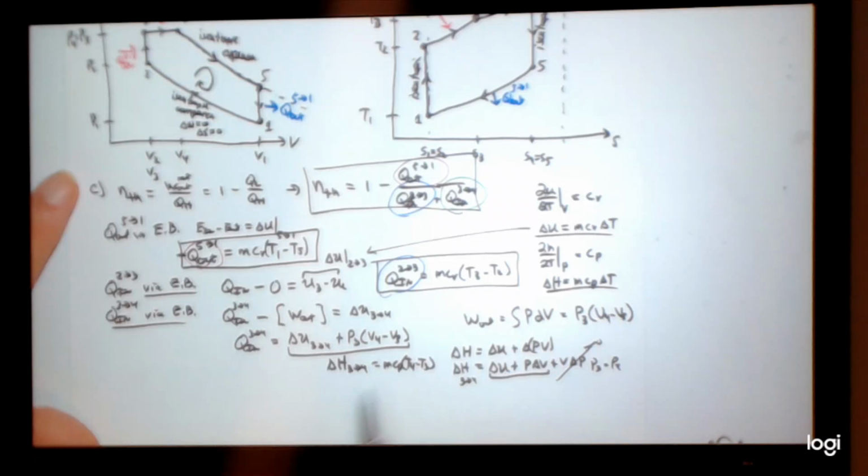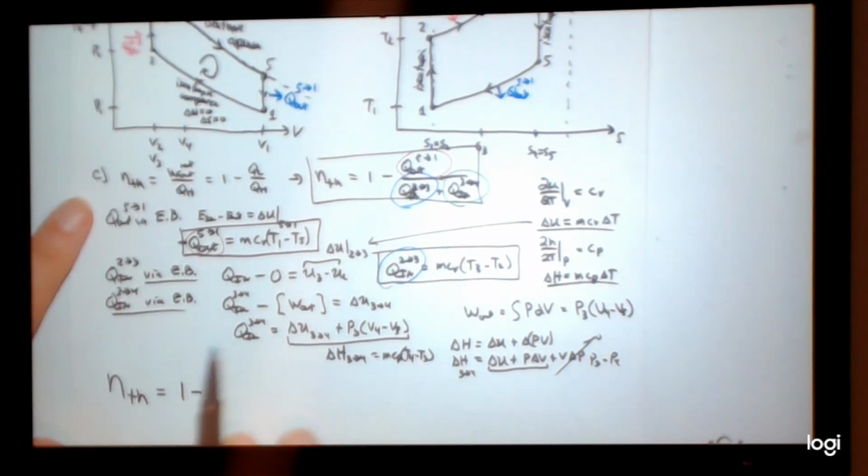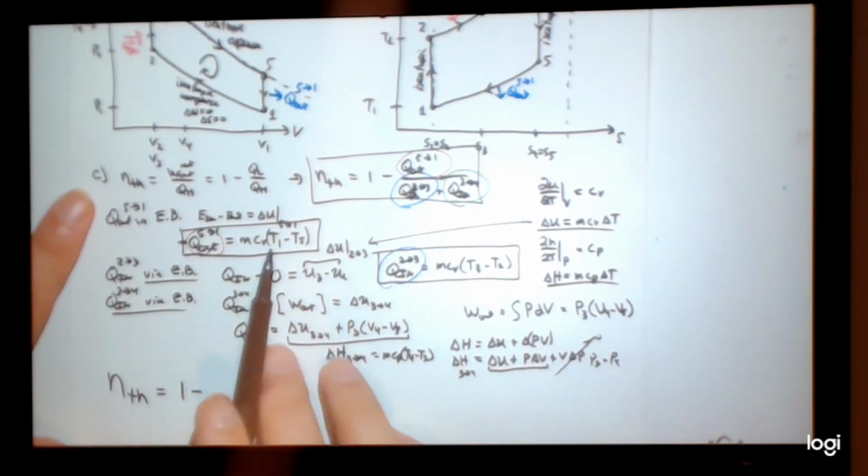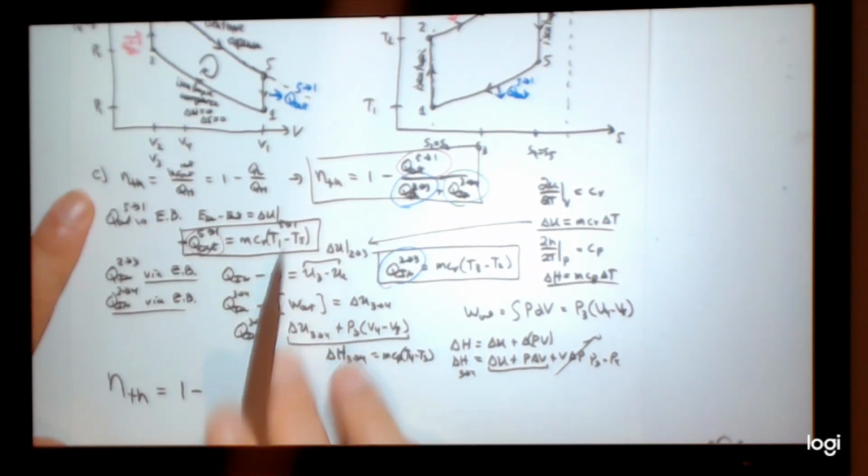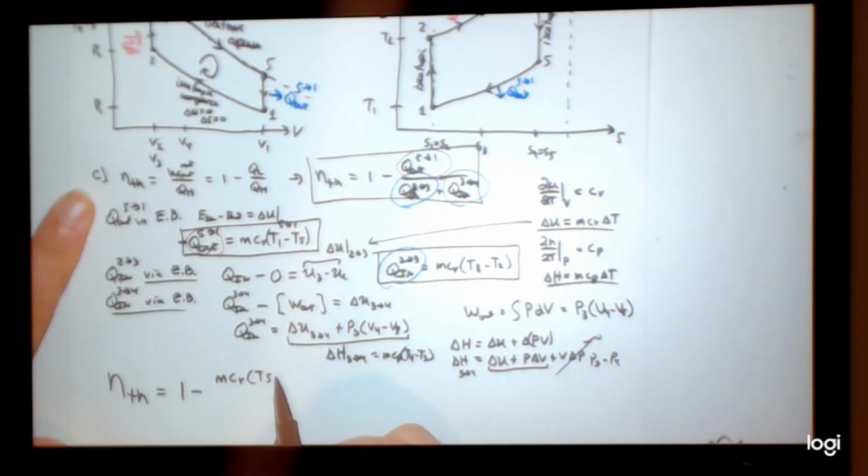Okay, so all said and done, what do we have? Thermal efficiency equals 1 minus, okay? I got this part, but I'll put in the minus sign and bring it in. So I have mCV (T5 minus T1). And then I got an mCV, this part, (T3 minus T2).